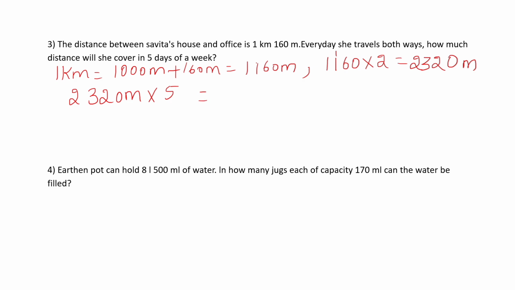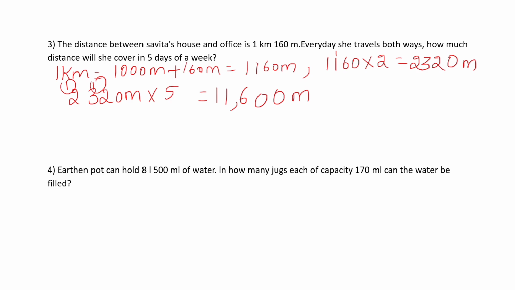So here 0 times is 0, and 5 twos are 10, 0, carry 1, and then 5 threes are 15 plus 1, 16, 6 here, 1 carry, and then 5 twos are 10, 10 plus 1, 11. So she travels 11,600 meters or 11.600 kilometers in 5 days, right?